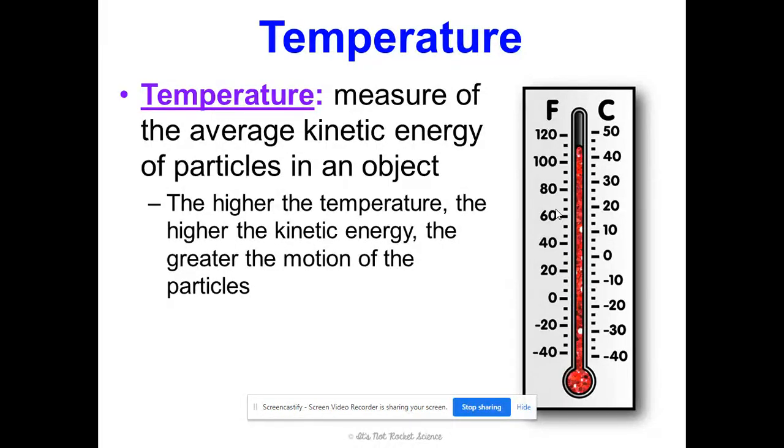So the higher the temperature, the higher the kinetic energy, and the greater the motion of the particles. So when we increase temperature, we increase kinetic energy, which means the motion of the particles is also increased.